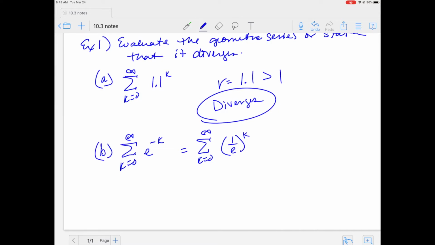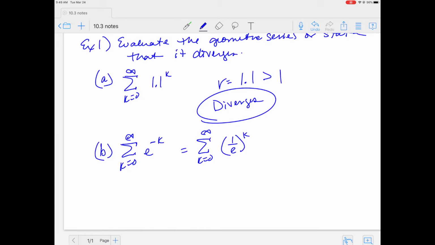If you have that negative k exponent, and you just have a 1 in the numerator here, you can move that e to the denominator, and then that whole thing goes to the k. If this were just e as my r value, it would be out, right? 2.718, that's greater than 1. But it's not. It's 1 over e. So pay attention. You have to know your exponents. You have to know this basic math number sense coming into this.